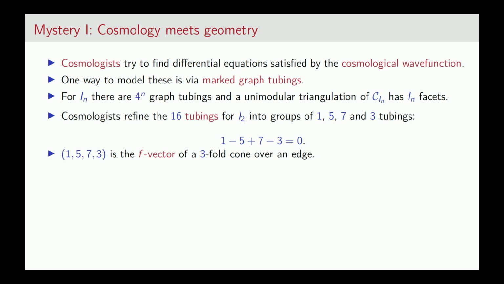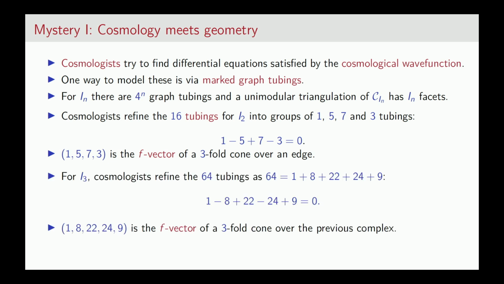It's the f-vector of, if you take just an edge and then a threefold cone. So just take 3 triangles which you glue together along an edge. If you go to a path of 1 length more, same game. They refine the refinement, which somehow makes sense for them, and it is like this: 1, 8, 22, 24, 9. Again, the alternating sum equals 0.